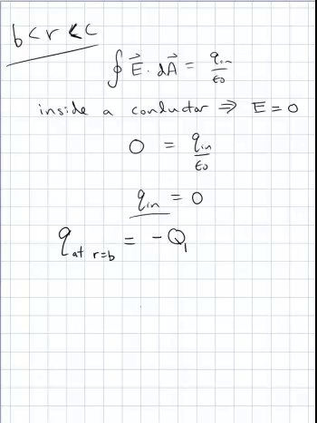So if Q1 was given as positive 6 microcoulombs, then at r equals B, we would have to have negative 6 microcoulombs of charge. And what would the charge be on the surface where r equals C?